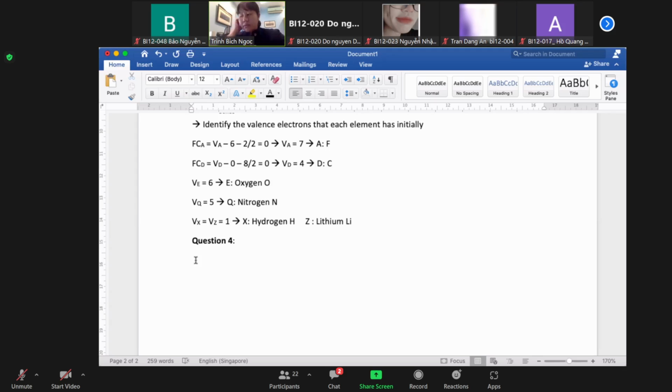The neutral acid molecule and the nitrogen dioxide ion.